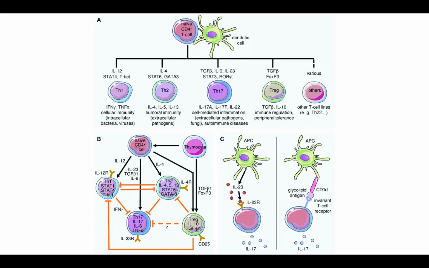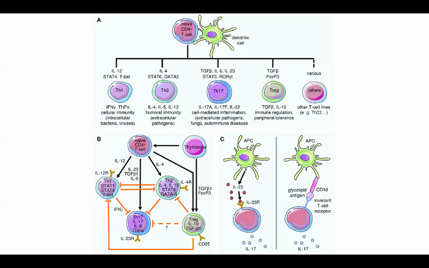All right, now the thymocyte is like the very early part of the cell. So the thymocyte can turn into a naive CD4 cell or directly into a Treg cell.